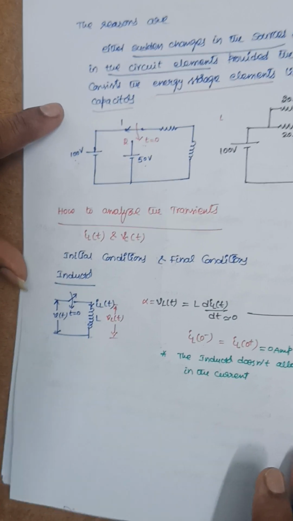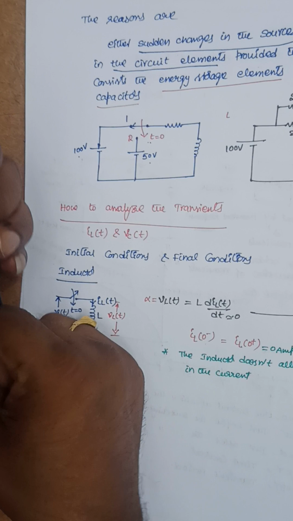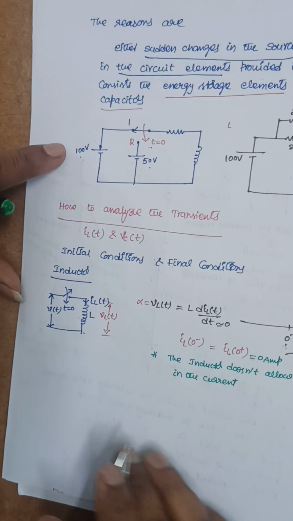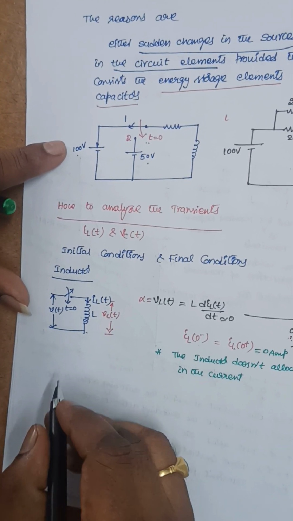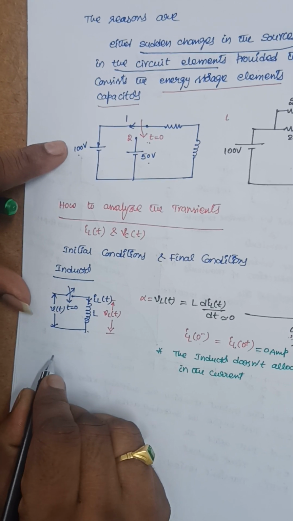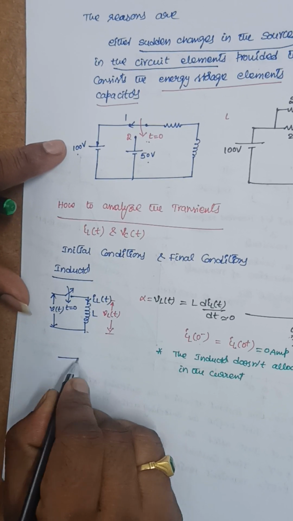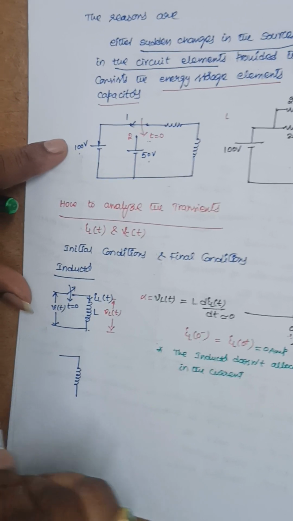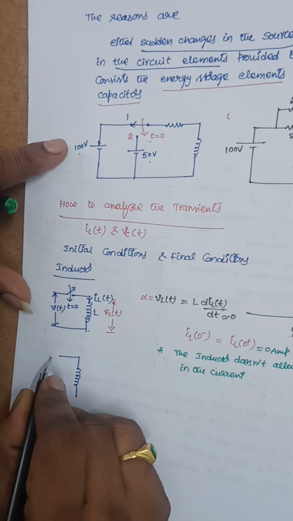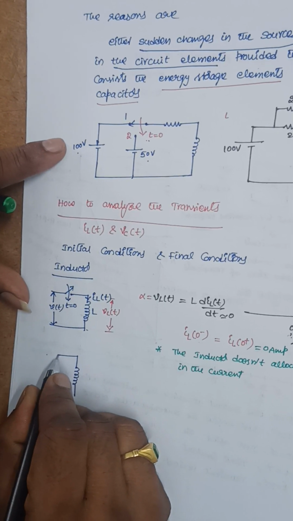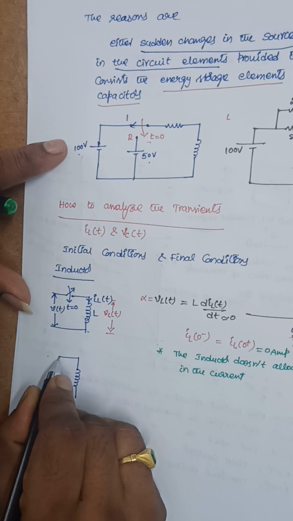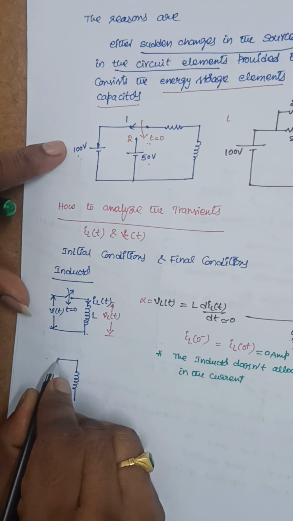But in some cases, some current will flow through the inductor. Suppose this is an inductor connected to a supply, and this is a switch.